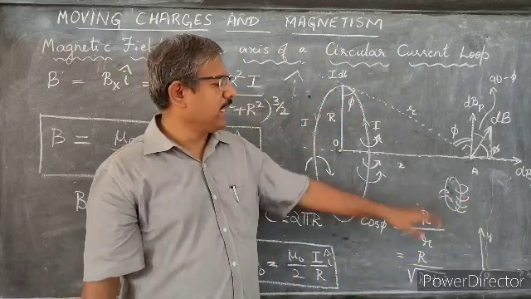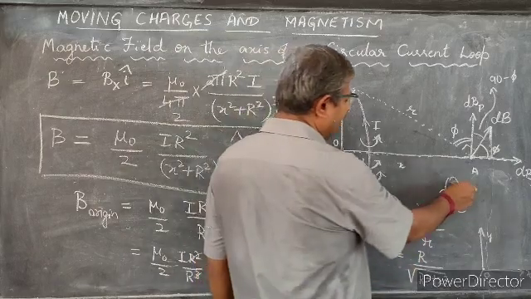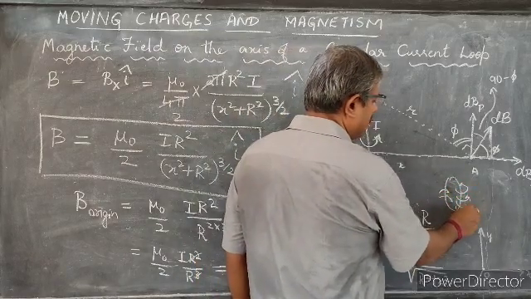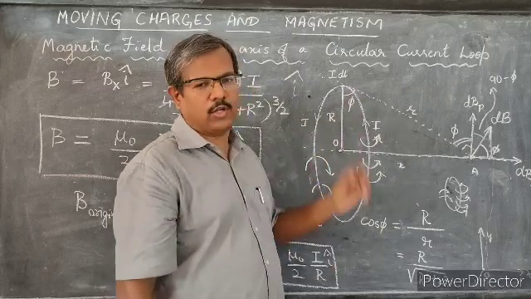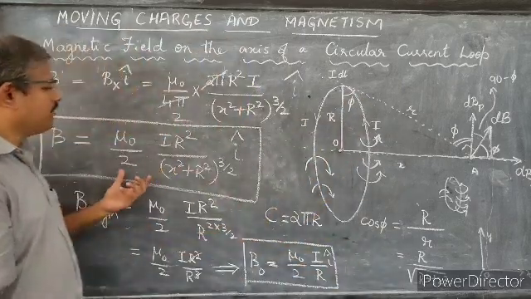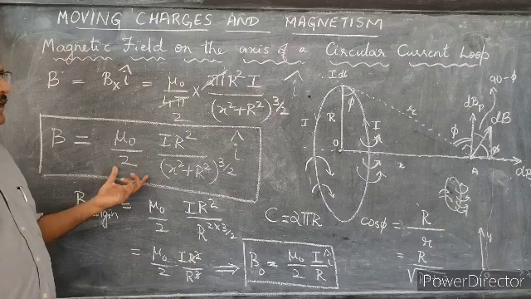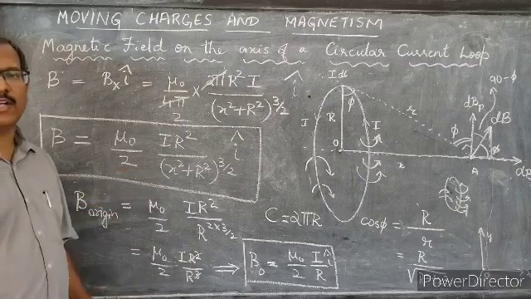So this would be the direction of the magnetic field lines due to the magnetic field at the origin due to current flowing through the coil. So this would be a special case of the general equation that we just derived based on Biot-Savart law.